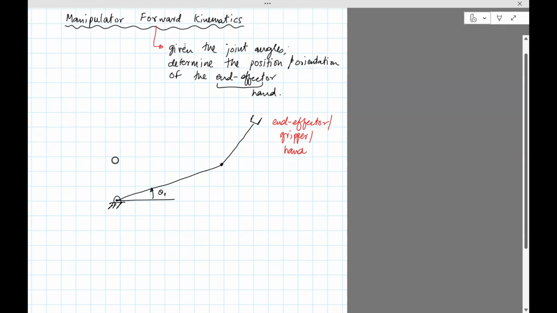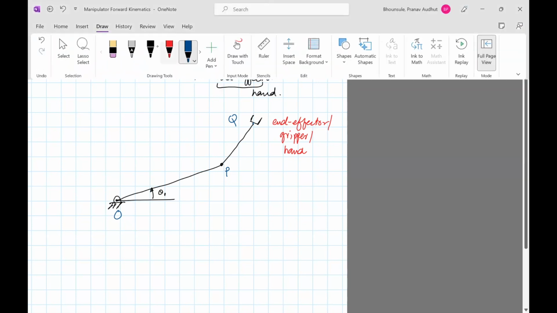Okay, let's give these points some names. So let's call them O, P, and Q. And clearly, if you want to draw the manipulator in Python, we need the position of O, position of P, position of Q as those angles change. I forgot to draw the other one. So the other one is θ2.